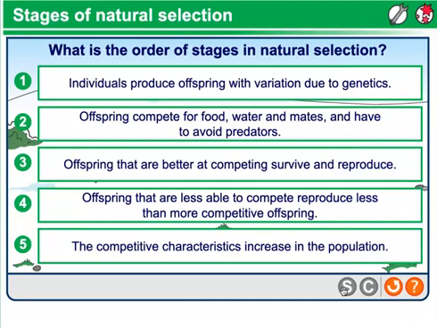Stage number 3. Offspring that are better at competing survive and reproduce. Stage number 4. Offspring that are less able to compete reproduce less than the more competitive offspring. And stage number 5, the competitive characteristics increase within the population.